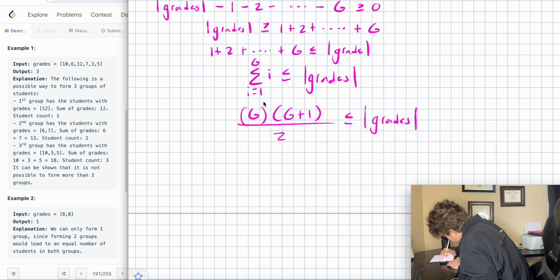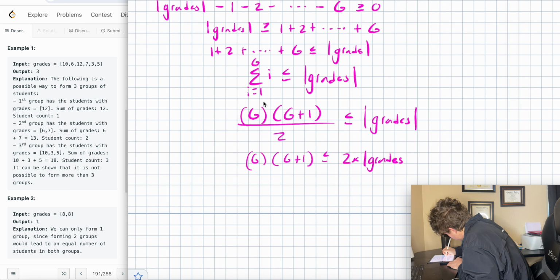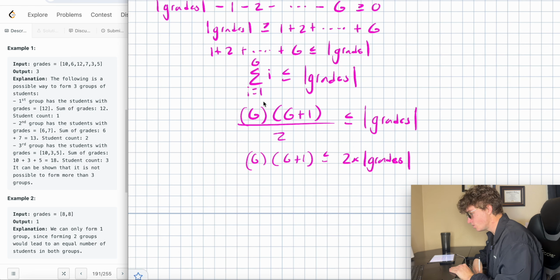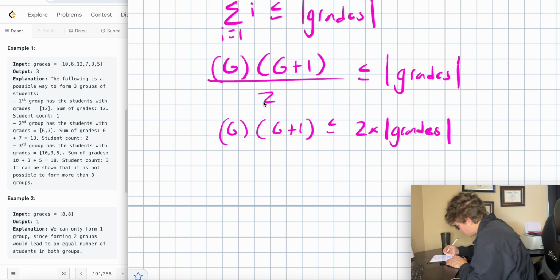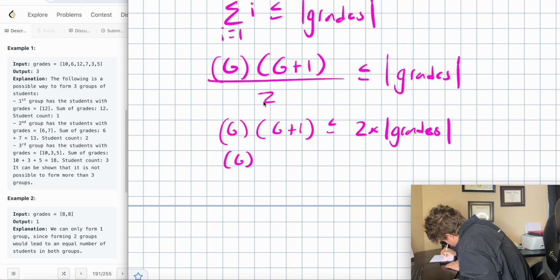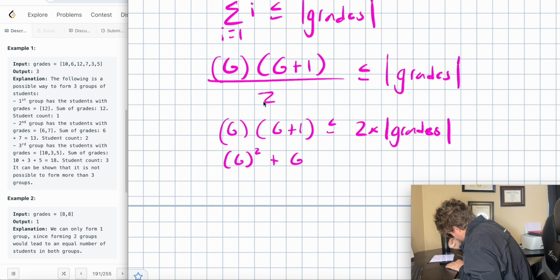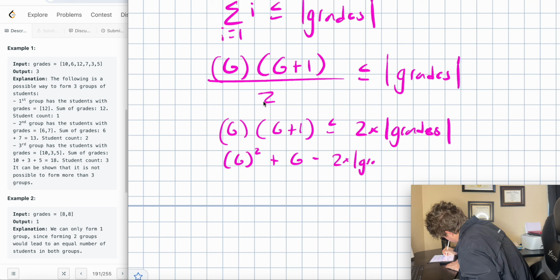So say g times g plus 1 is less than or equal to 2 times the length of grades. So then I'm going to do g squared plus g minus 2 times the length of grades.